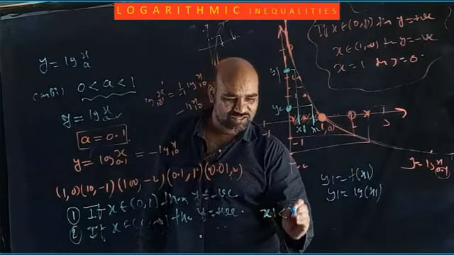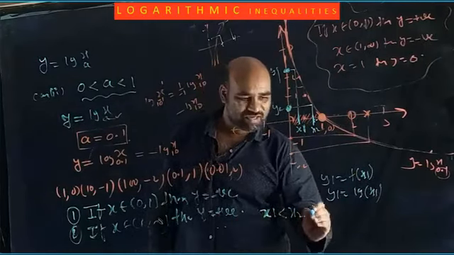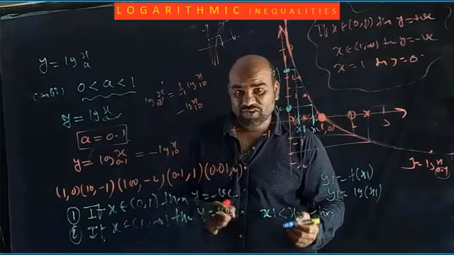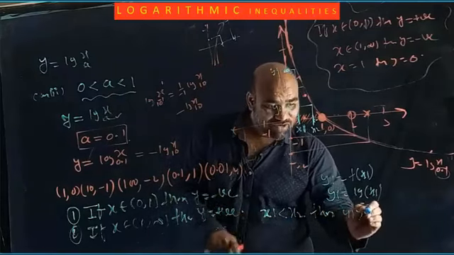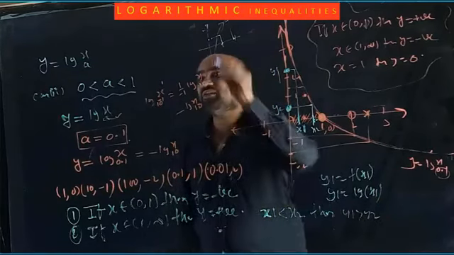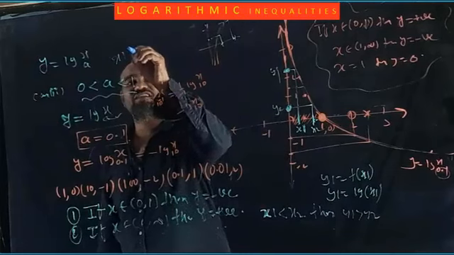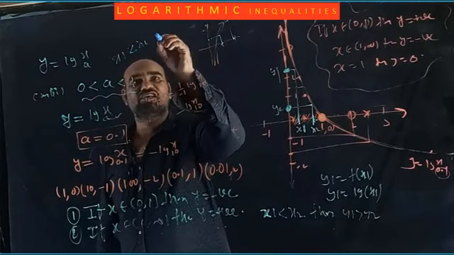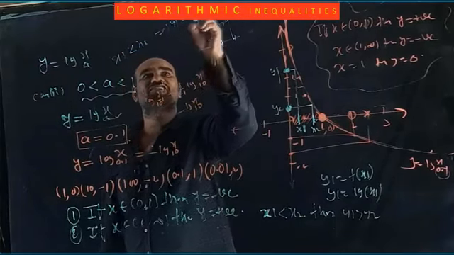x1 is less than x2. Then what happened? The relation between y1 and y2: y1 is greater than y2. See, the inequality altered. In the previous one, what happened? x1 less than x2 gave y1 less than y2.